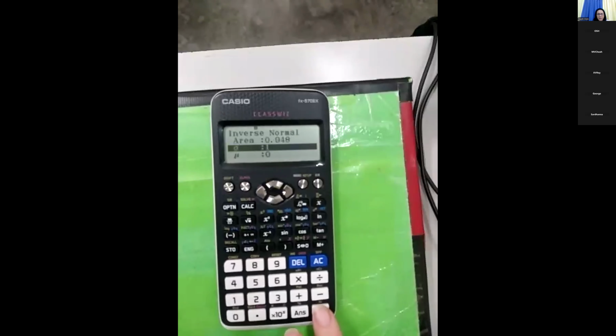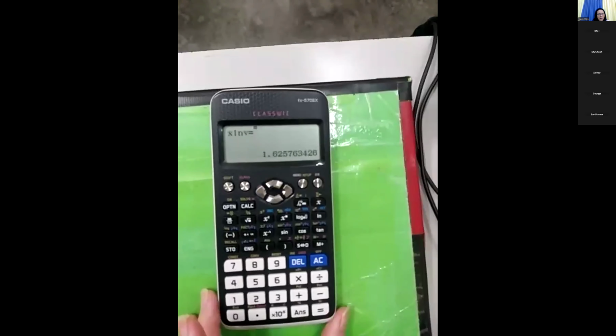Then you get the answer from just now. Okay, remember, 1.626. Got it? 1.626, for you that are using this.